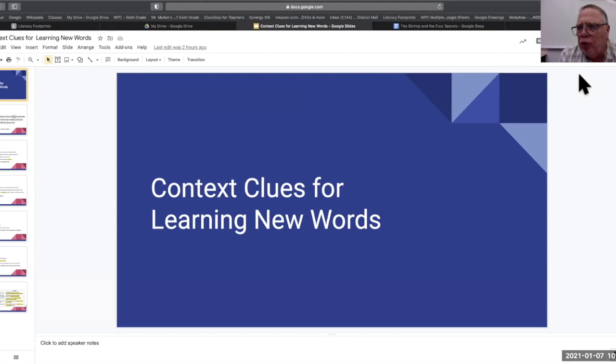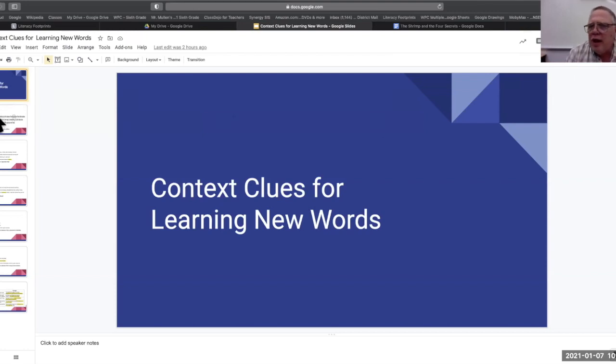We read through the word to see if we can pick up a meaning or any other clues. And then if we don't get a real solid understanding of the word, we can try to go to the word itself and break up the word and see if we can get some clues there. I'm just going to look at today those clues we get from the context. That's the text surrounding the word itself.